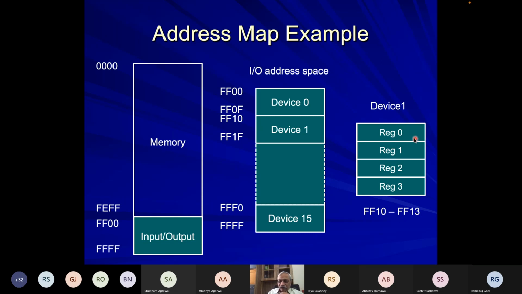Let us say the first one is FF10, the next one would be FF14, FF1C, and so on. So these 4 registers are there for the device which is assigned addresses in this range.